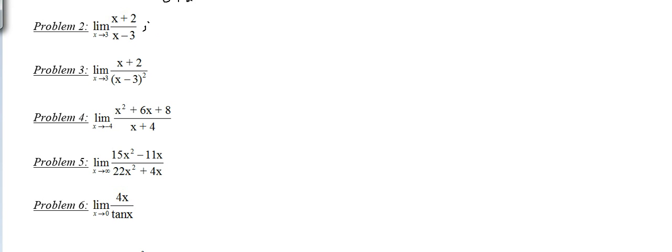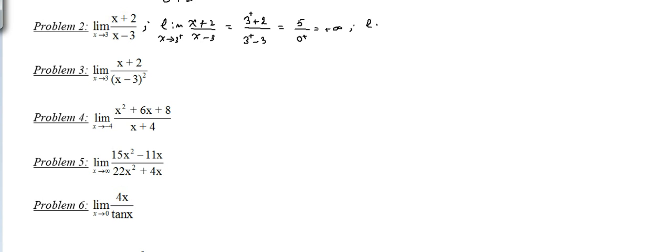If we take the limit of x plus 2 over x minus 3 as x tends to 3 plus, we have 3 plus 2, no problem, it gives me 5 in the numerator. In the denominator, 3 plus minus 3. 3 plus is more than 3, so 3 plus minus 3 is 0 plus.